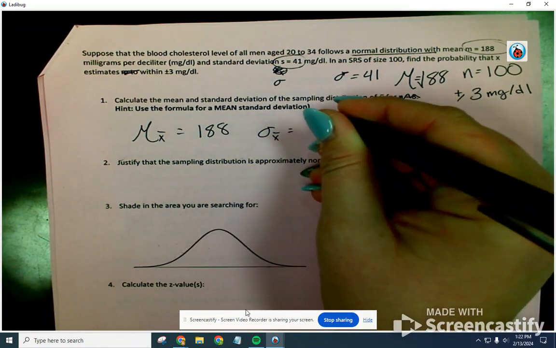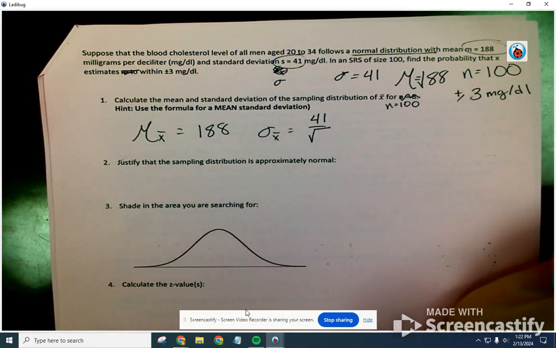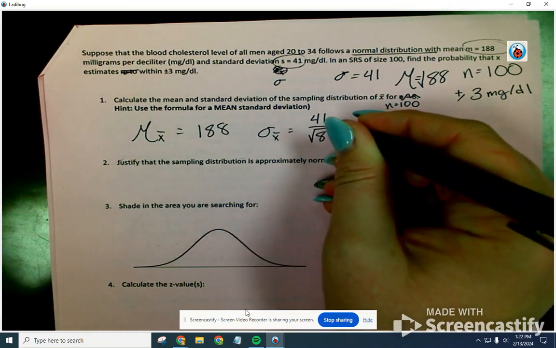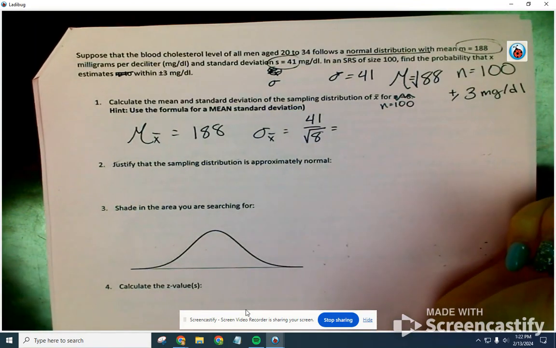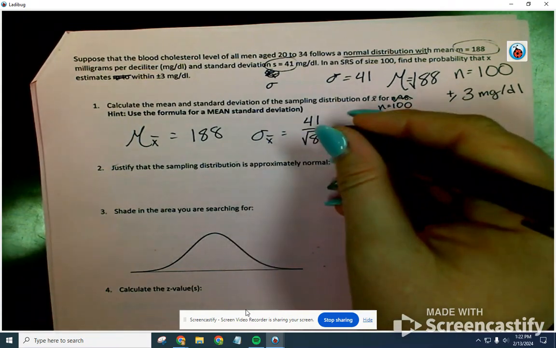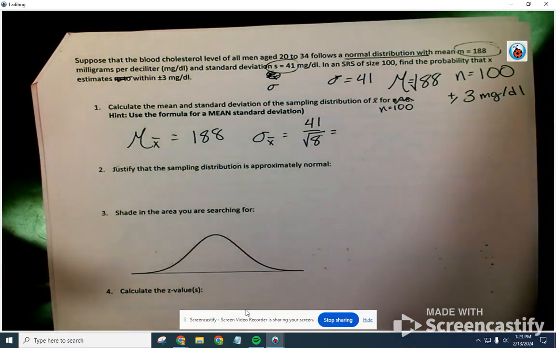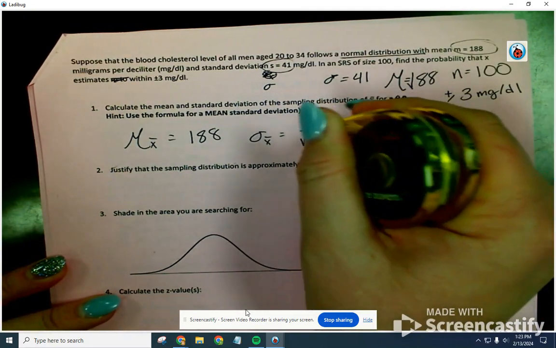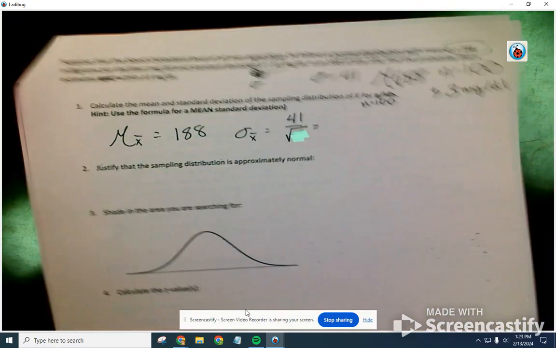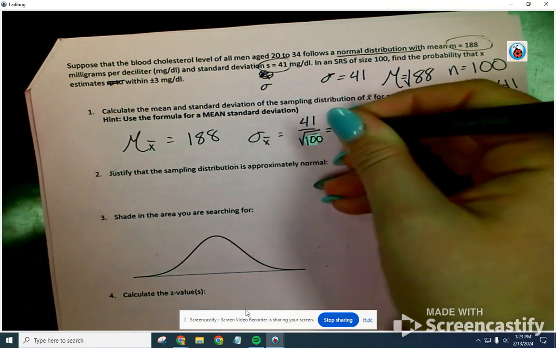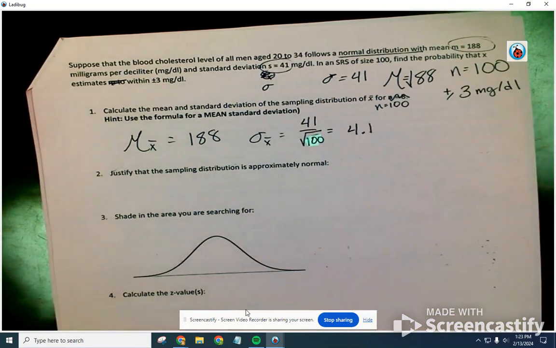So we're going to do 41 divided by the square root of, sorry, not 8, 100. Square root of 100, and you will get 4.1.